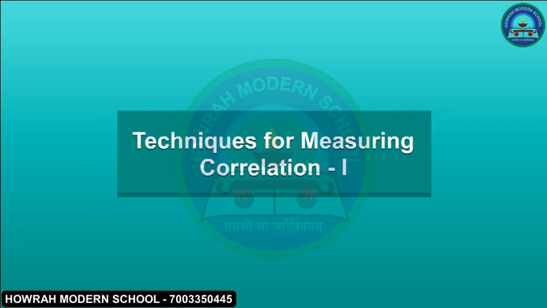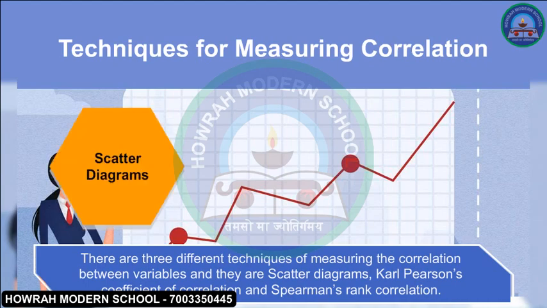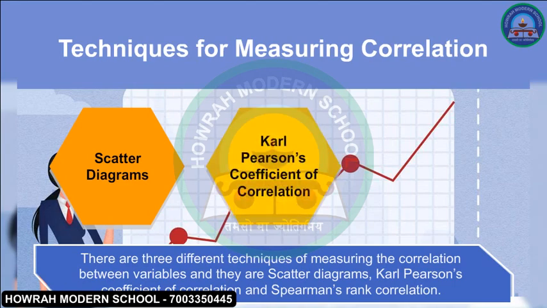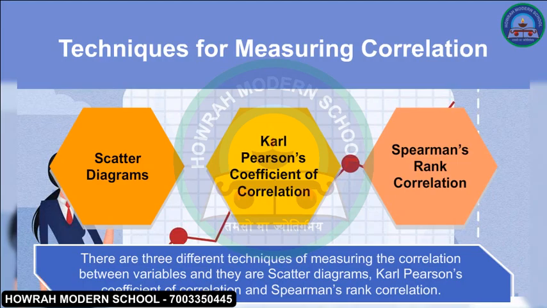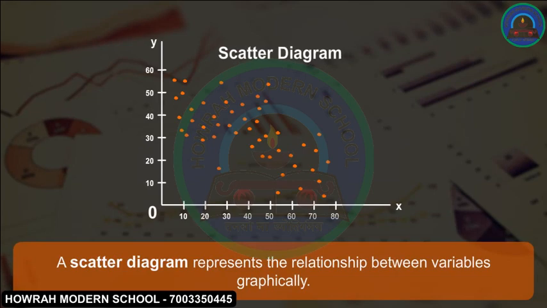Techniques for measuring correlation. 1. There are three different techniques of measuring the correlation between variables, and they are scatter diagrams, Karl Pearson's coefficient of correlation, and Spearman's rank correlation. A scatter diagram represents the relationship between variables graphically.